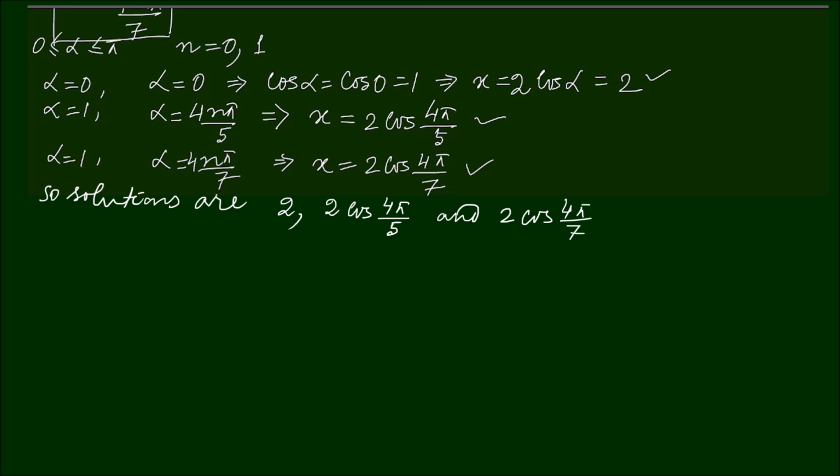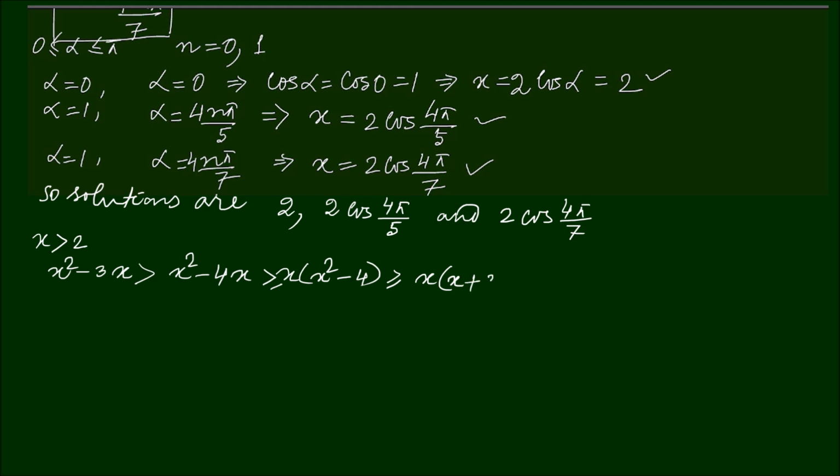Now when x is greater than 2, x cube minus 3x is greater than x cube minus 4x, which is equal to x into x square minus 4. Of course, this is equal here, and greater than or equal to x plus 2, which is equal to x minus 2.